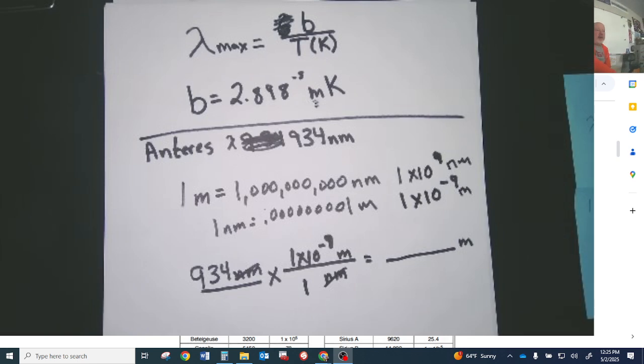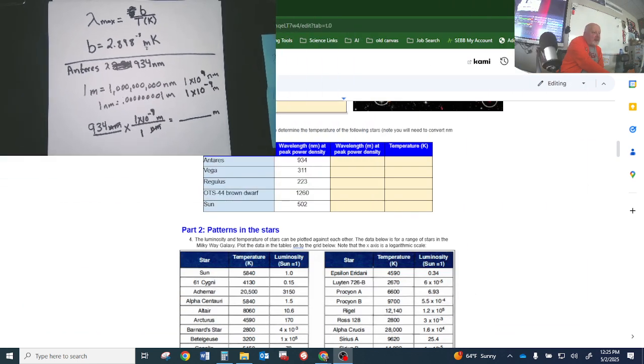Now, at this point, if you want to use your calculator, this is how you would use it. I would say 934 nanometers, times 1, and you don't hit times 10 to the, you hit the EXP button.